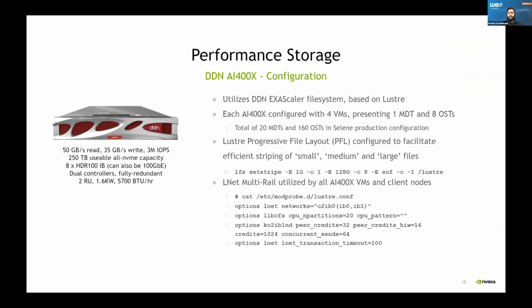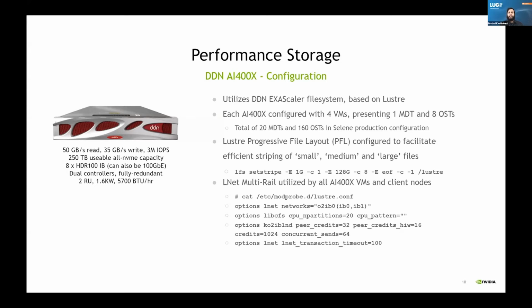All right, so let's take a step deeper into our configuration and what it looks like, specifically with respect to the Lustre design. We run DDN's Exascaler file system, which is based on Lustre 2.12 at the current moment. Each of these AI400X appliances is configured with 4 VMs, and these 4 VMs in total present 1 MDT and 8 OSTs, meaning we have 20 total MDTs and 160 OSTs in our 20-unit production configuration.